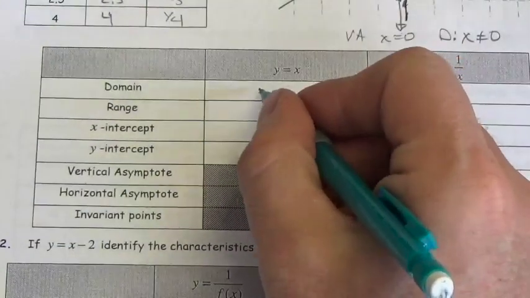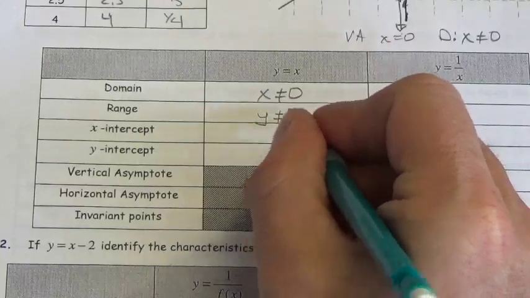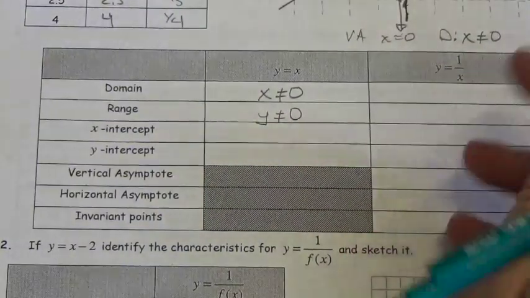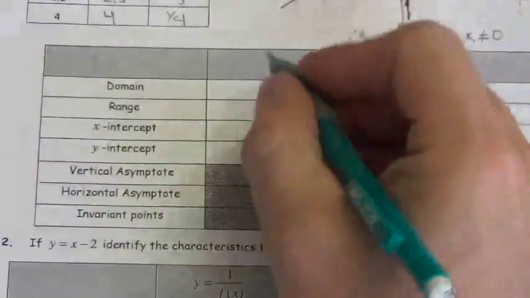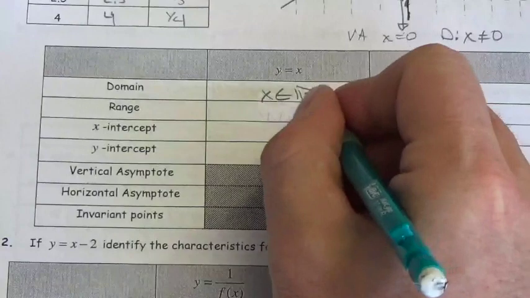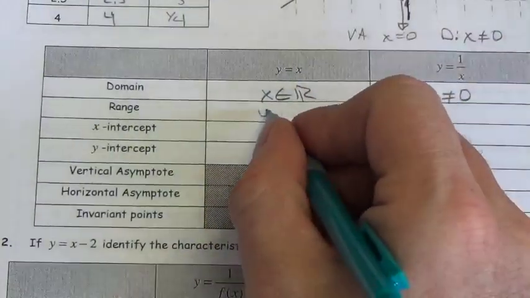Okay, so my domain here, like we said, was x can't equal 0, the range, y can't equal 0. Oh, whoops, sorry, I'm getting ahead of myself. For the original function, the domain was x is an element of the reals, and for the reciprocal, it was x can't equal 0.